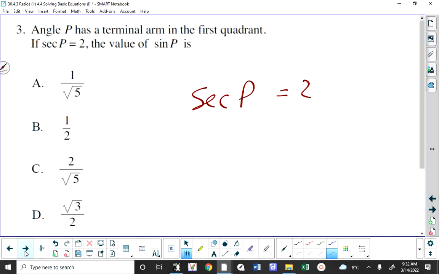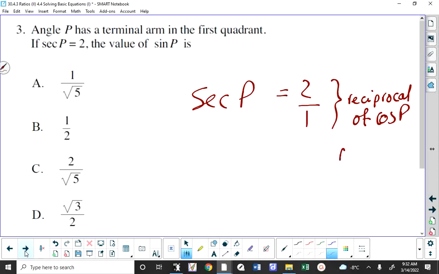I would probably here express this as a fraction and then go through this procedure in my head of saying, what is secant the reciprocal of? And it's the reciprocal of cosine. So this is the reciprocal of cosine of p.